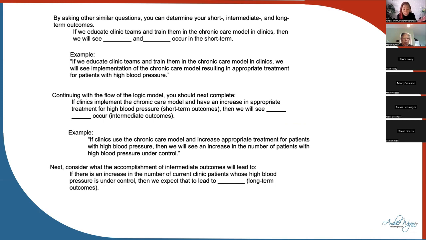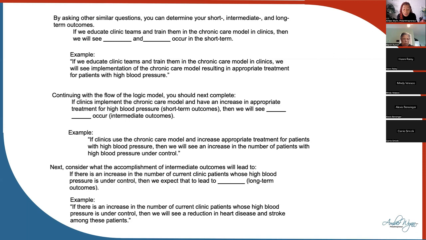And then lastly, for the long-term outcomes, if there's an increase in the number of current clinic patients whose high blood pressure is under control, then we should see a reduction in heart disease and stroke among the patients.